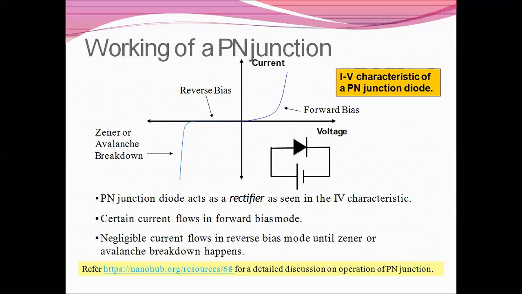After that voltage, at the point of avalanche breakdown, the current will increase, which will damage the PN junction diode. Here the PN junction diode acts as a rectifier, which can be seen in the IV characteristics. The current flow in the forward bias mode is shown here. Negligible current flows in reverse bias mode until Zener or avalanche breakdown happens.